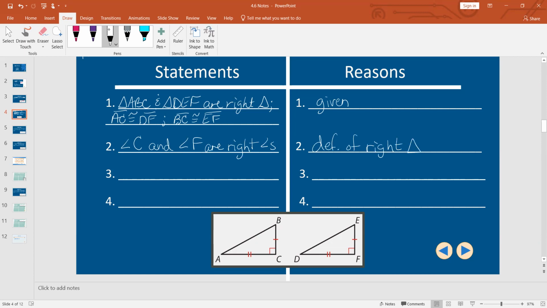A right triangle must have a right angle and two additional acute angles. Now that I've stated their right angles, that means they have to be congruent because right angles equal exactly 90 degrees. So angle C is congruent to angle F because of the definition of right angles. So therefore, these are congruent.